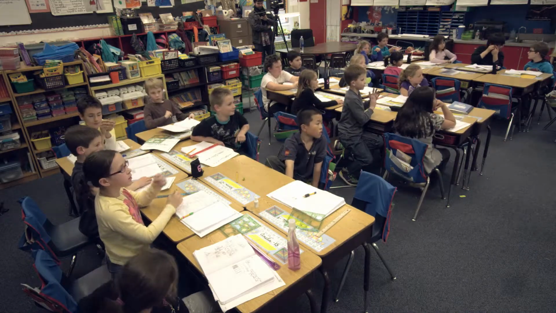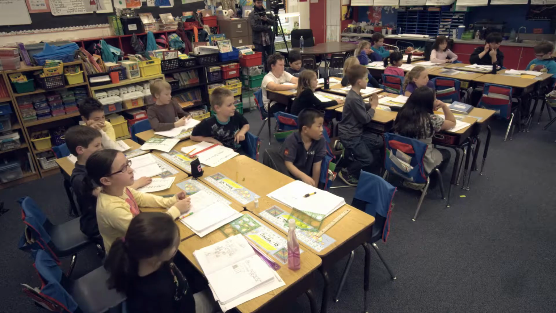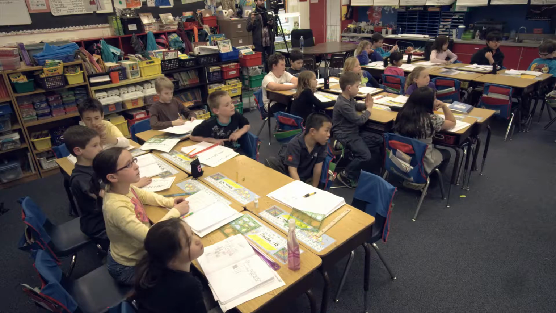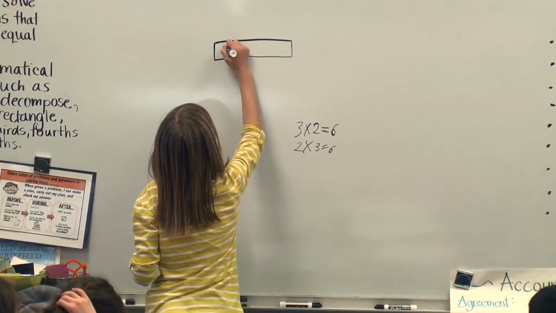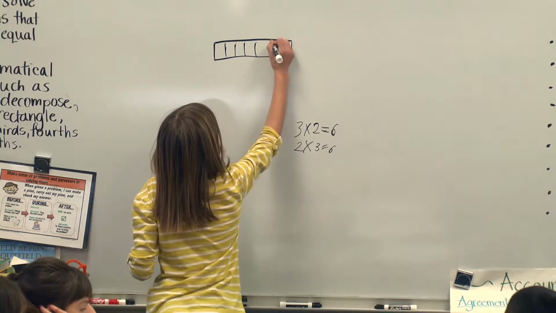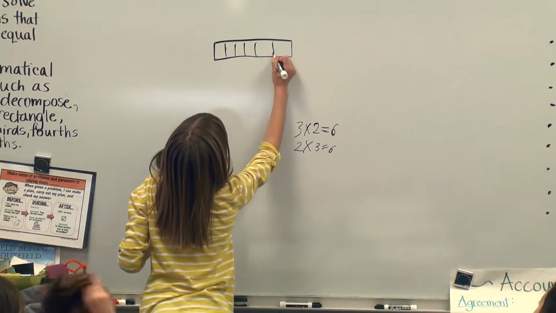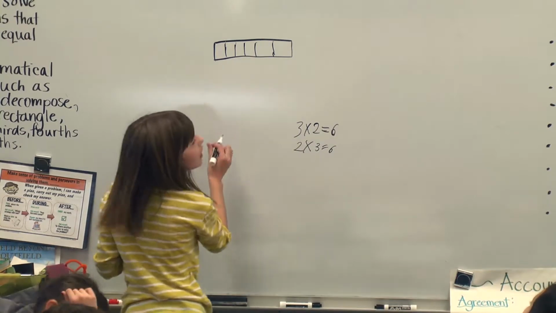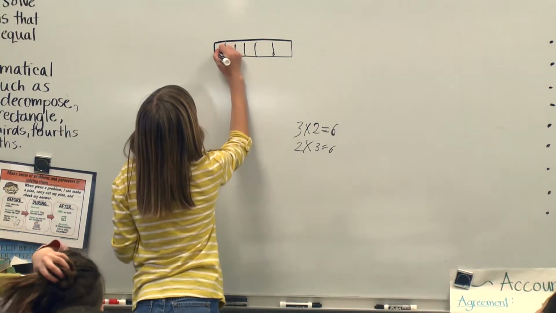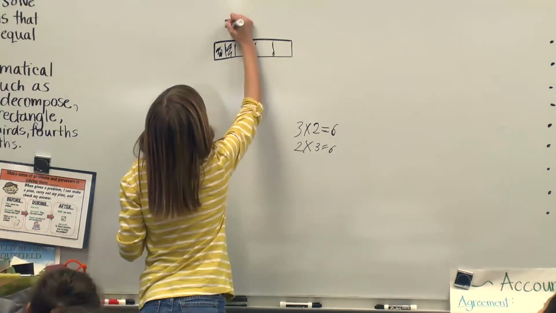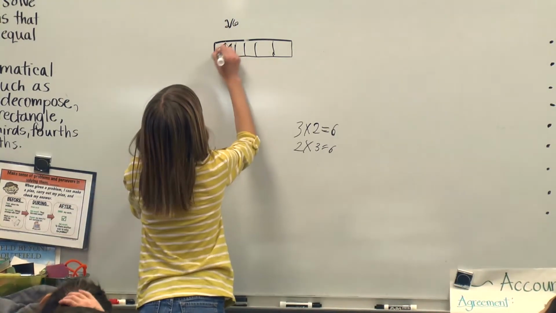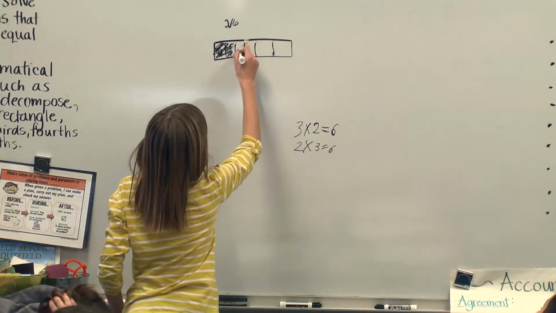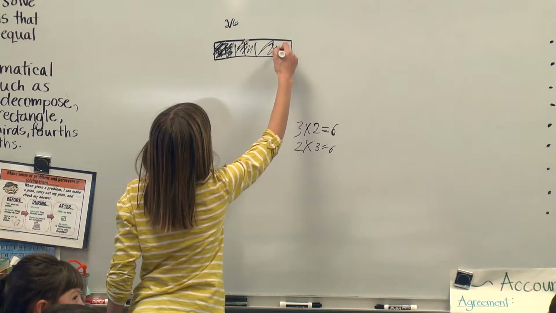I saw that if you divide it into 6, and you shade 2 in, it's 2/6, but this could be, these 2 could be 1/3, these 2 could be 1/3, and these 2 could be 1/3.